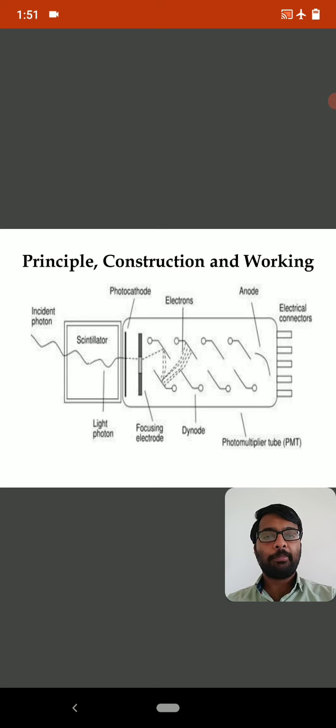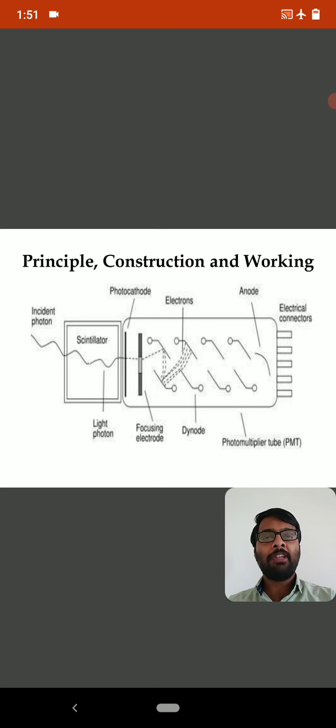So in this process, one primary electron is converted into a large number of electrons which are collected at the anode. The electrons collected at the anode will be processed with the help of certain amplifiers, and these signals collected at the anode have sufficient information about the energy and intensity of the incoming radiation.